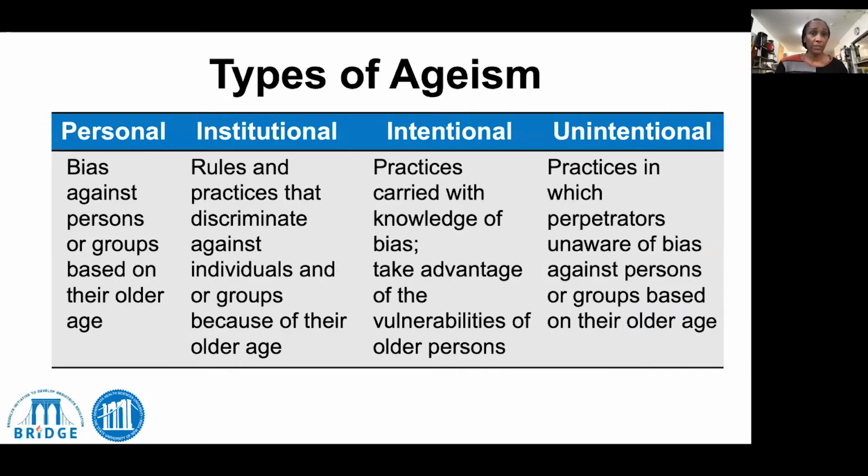So, different types of ageism. There's personal, institutional, intentional, and unintentional. Intentional is basically where you are aware of your bias and you're just letting it all hang out. Whereas unintentional is going back to the model of implicit bias. You're not aware.